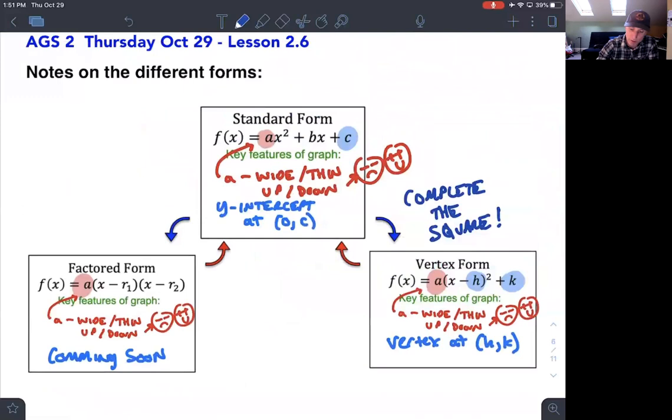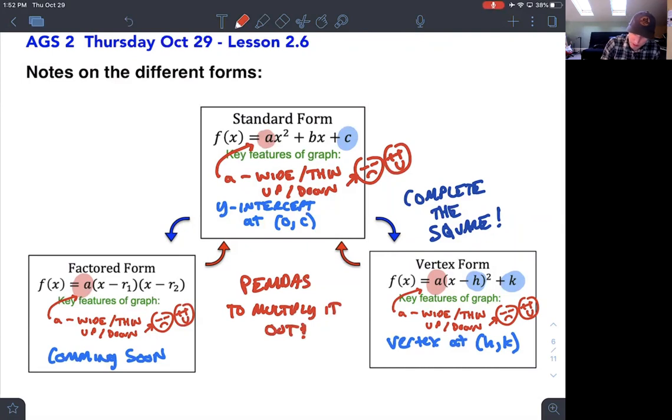But to go from vertex form back to standard form, we did a couple problems like that in lesson 2.5 on Tuesday. And in order to do that, you actually just use PEMDAS and you multiply it out. Okay?